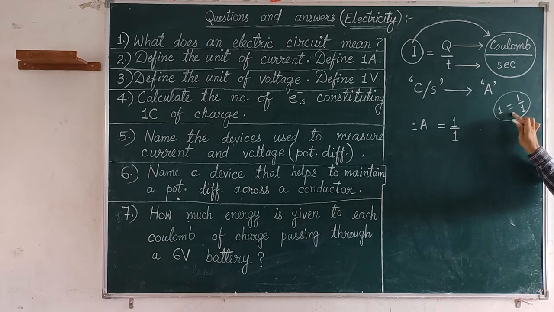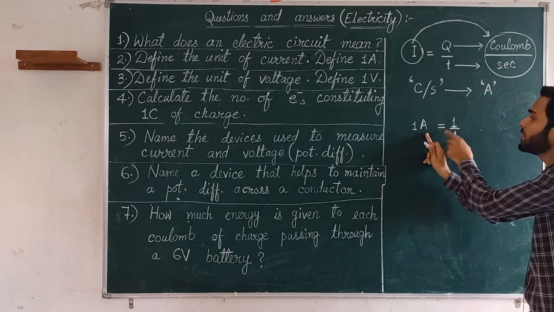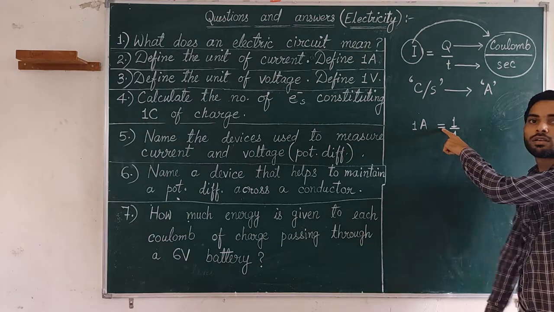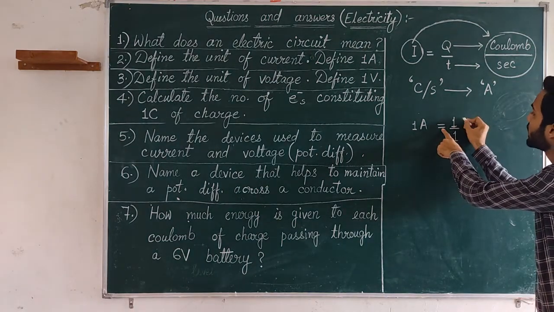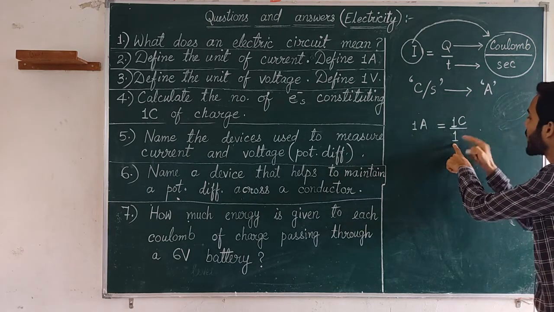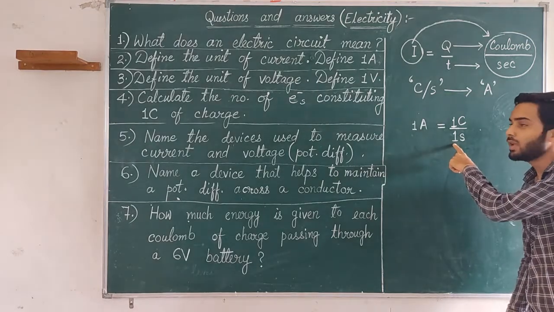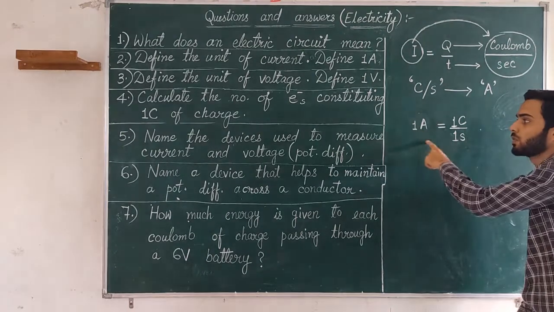So putting the value of electric current 1 ampere, I can write 1 by 1 on the other side of equal to sign, and here 1 coulomb I can write, and this is time, so I can write 1 second. So now in this way I can define what is 1 ampere.